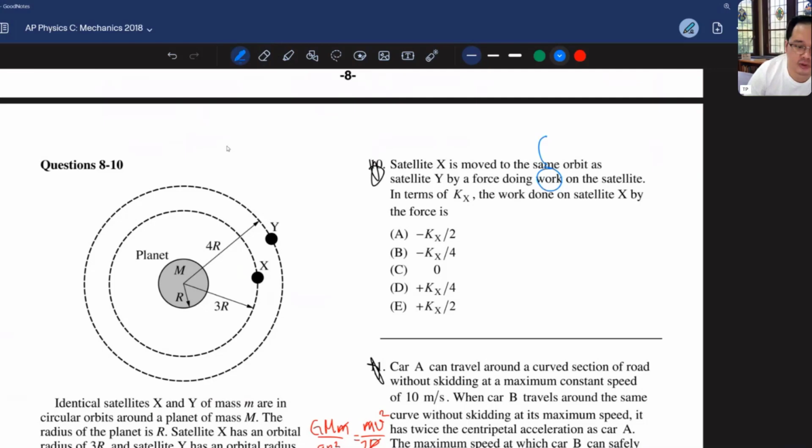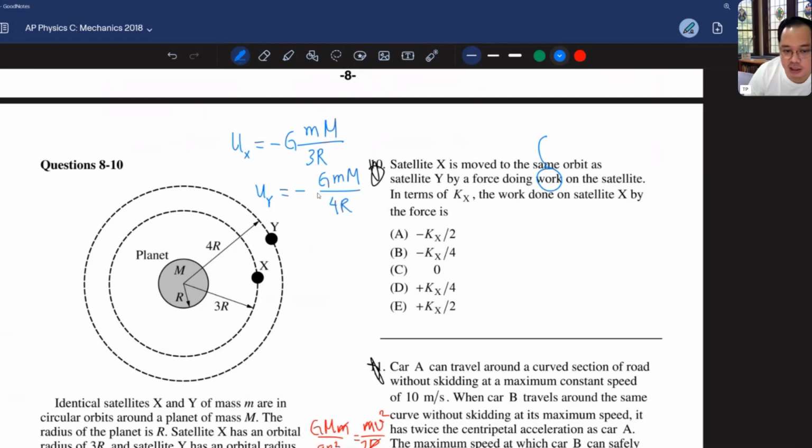Okay, and we have the formula of the potential energy U is minus G, the mass of the satellite, the mass of the planet over the distance. The initial potential is over 3r, and the final potential when moving, let's write this as Ux, and then when we move it to the new orbit Y, the new potential energy is big M, the two masses product, and then 4r.